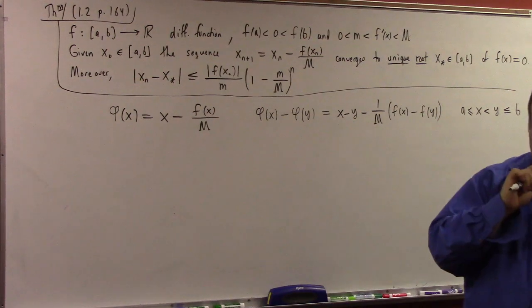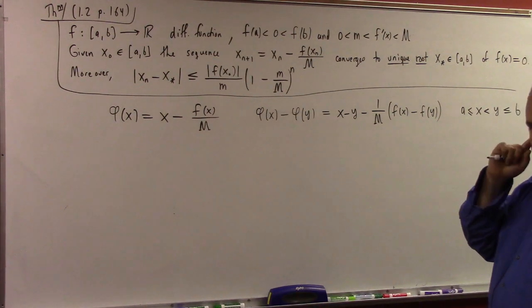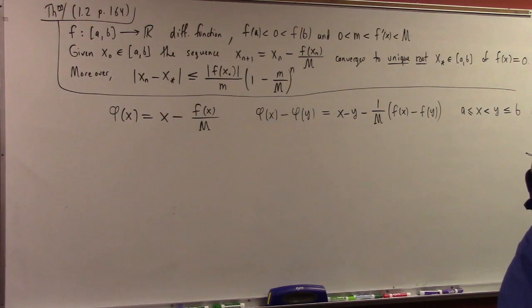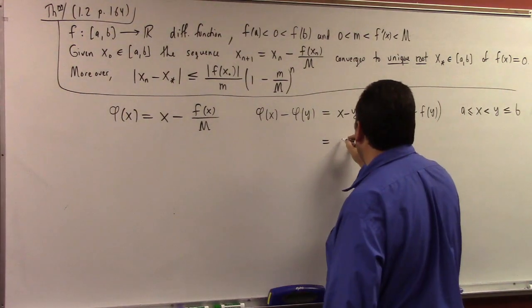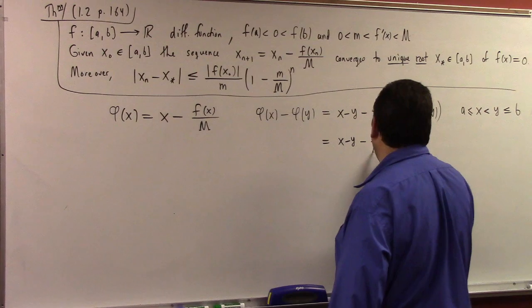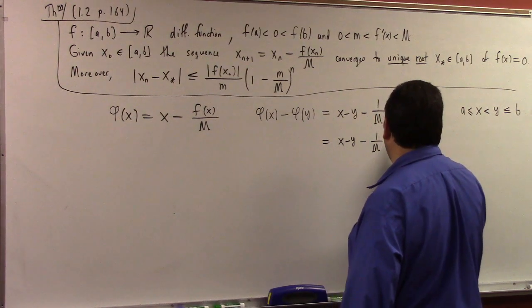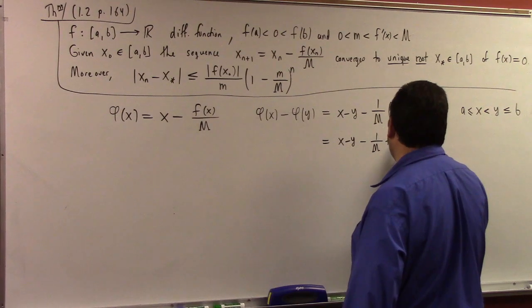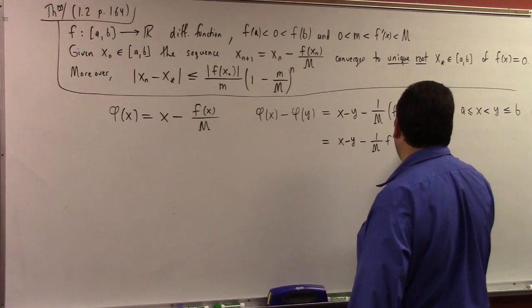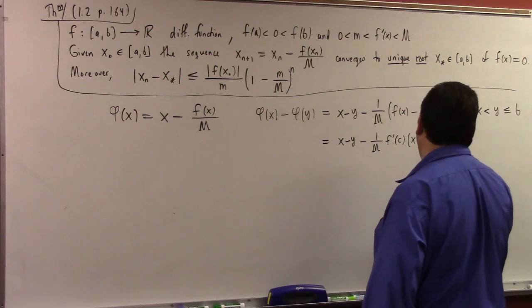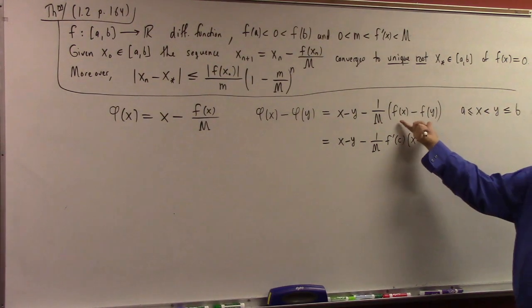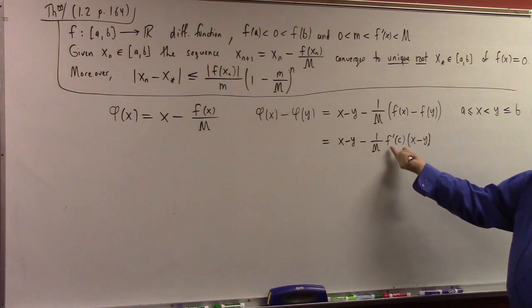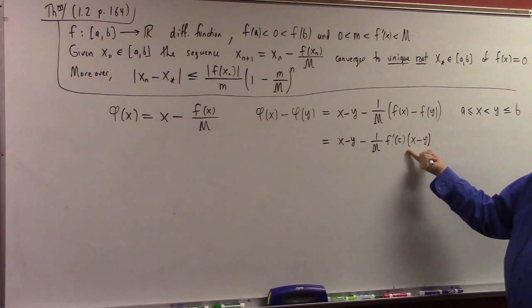I've got a differentiable function, which is continuous and differentiable on the interval of consideration. I can use the mean value theorem, right? So this is equal to x minus y minus 1 over m times f prime of c, let's say, times x minus y, because the change in the function can be replaced with the instantaneous rate times the change in the input.